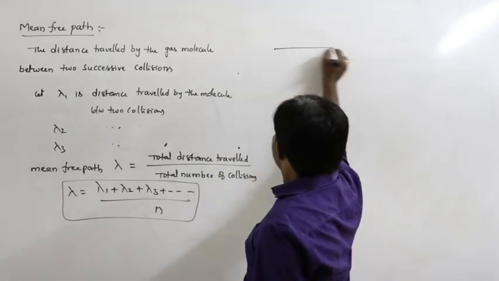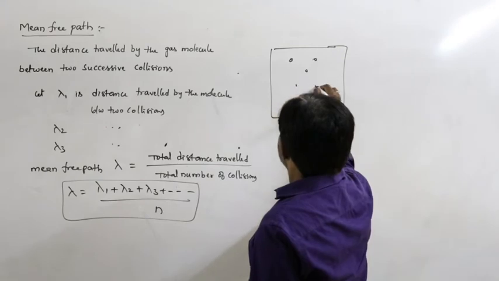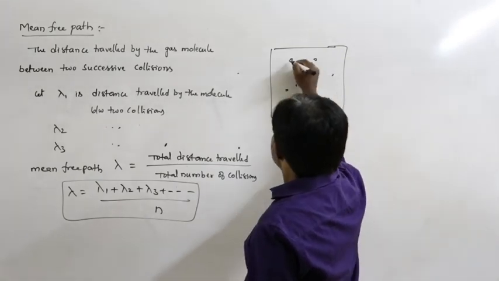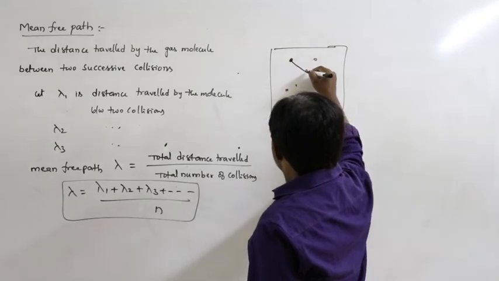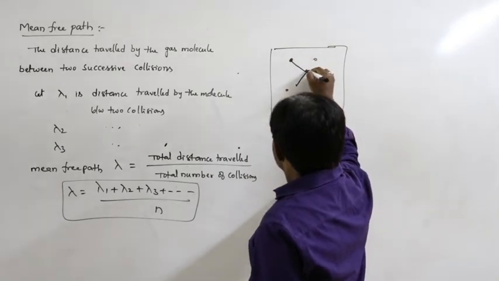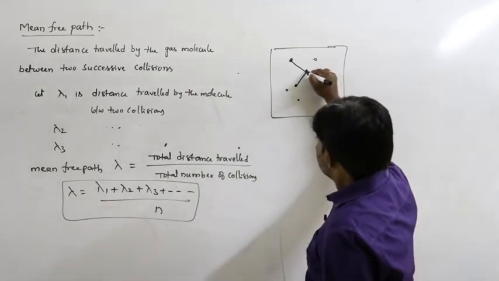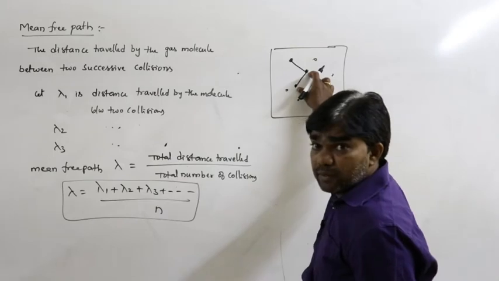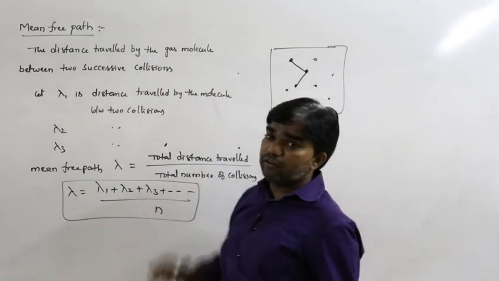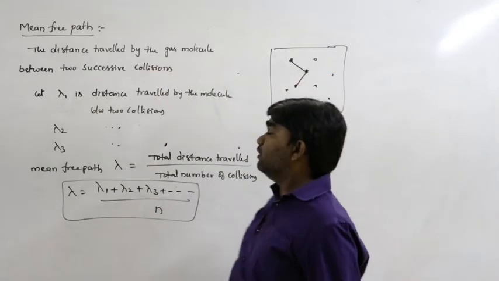For example, this is the container and these are the gas molecules like this. Let us say I am considering this molecule. It collides with this one and then with this one. So the first collision happens here, the second collision happens here. The distance travelled between these two collisions is called mean free path.